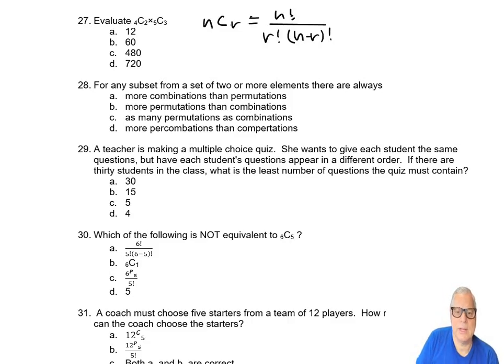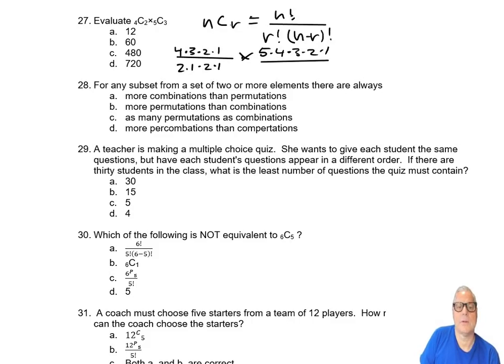Okay, so let's evaluate it. This is 4 times 3 times 2 times 1 over 2 times 1 times 2 times 1, times 5 factorial, 5 times 4 times 3 times 2 times 1 over 3 factorial, 3 times 2 times 1, times 5 minus 3, 2 factorial, 2 times 1.